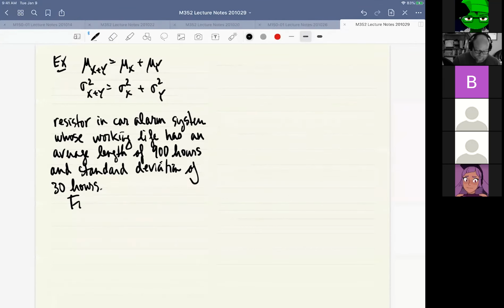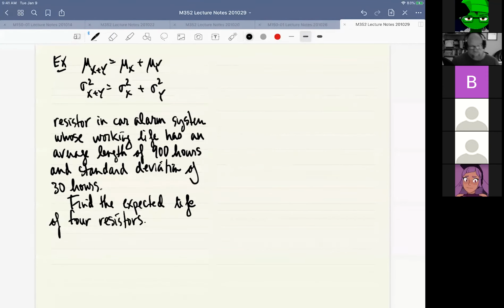Let's find the expected life of 4 resistors. That is, if we expect one resistor to last 900 hours, how long do we expect 4 resistors to last? If we have 4 resistors in our car and we replace them every time one goes bad, how long do we expect those 4 to last us? And then we'll also ask, what's the standard deviation of that estimate?